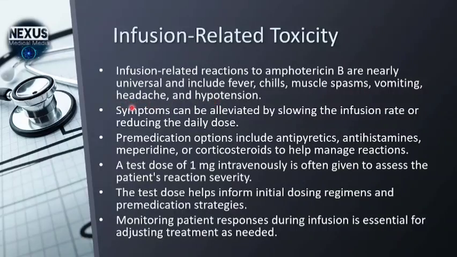And these symptoms can be alleviated by slowing the infusion rate or reducing the daily dose. Pre-medication options will include antipyretics for fever, antihistamines for allergy, meperidine or corticosteroids, which can help manage these reactions.